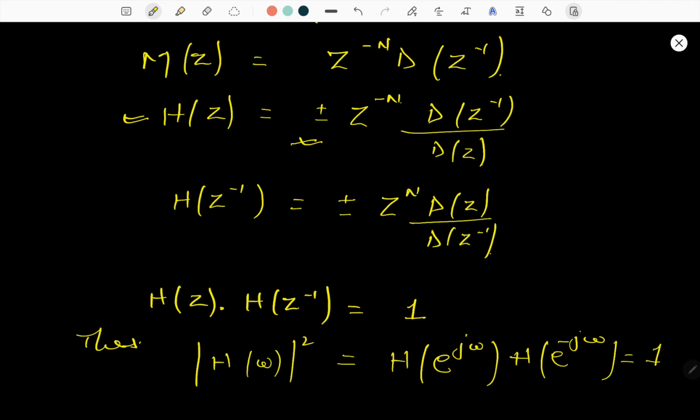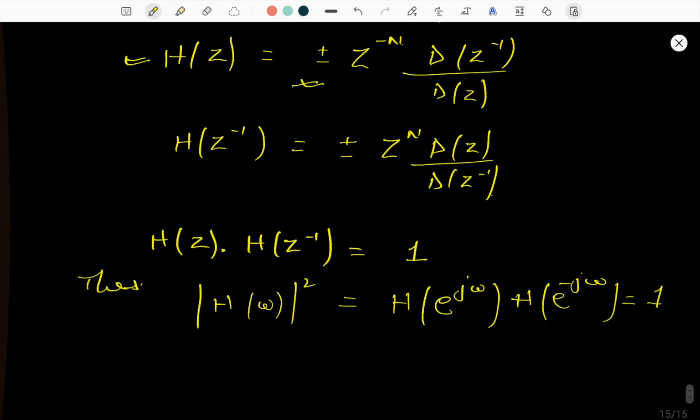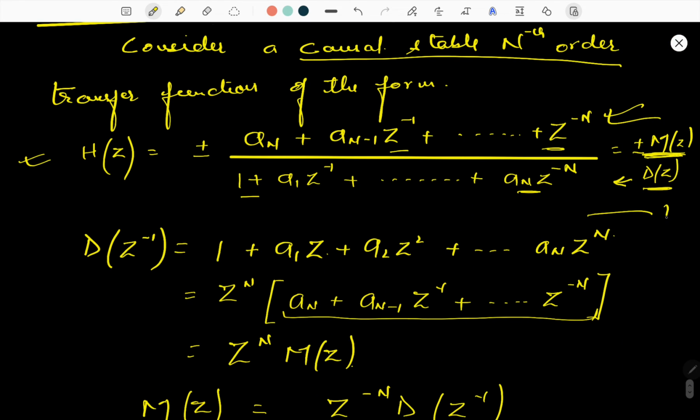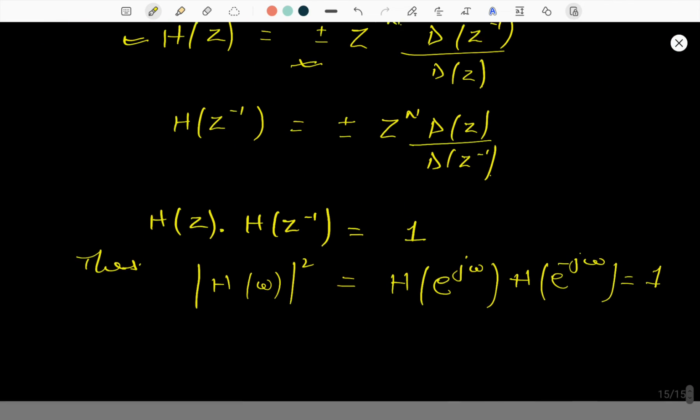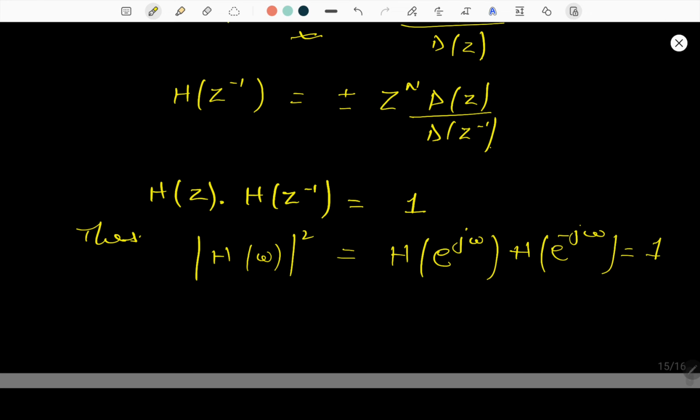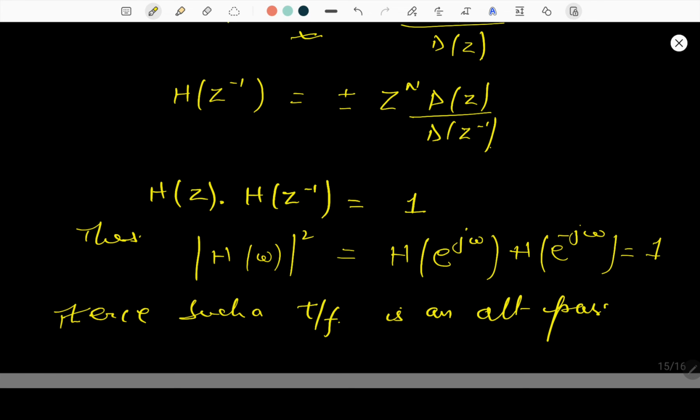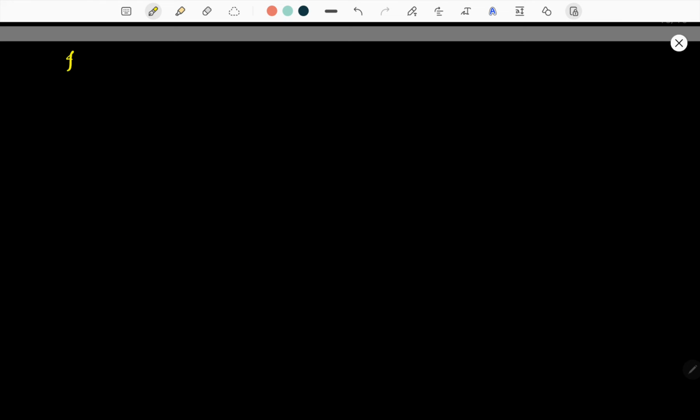So we can see that the above equation, if you take it as equation number 1, passes all frequencies contained in the input signal to the system, and hence such a transfer function is an all pass transfer function.